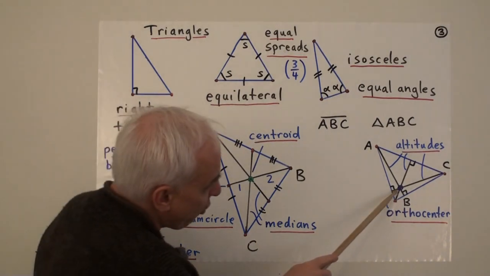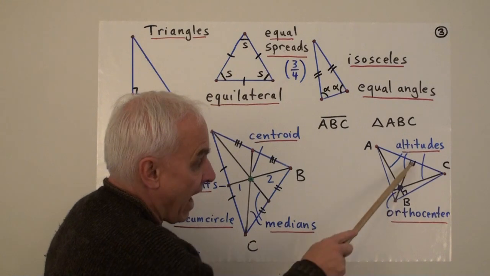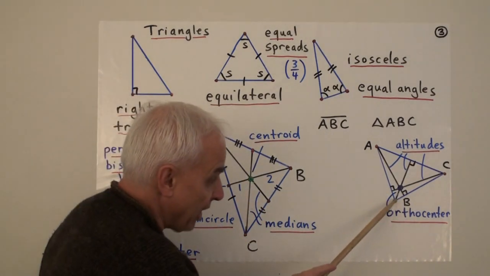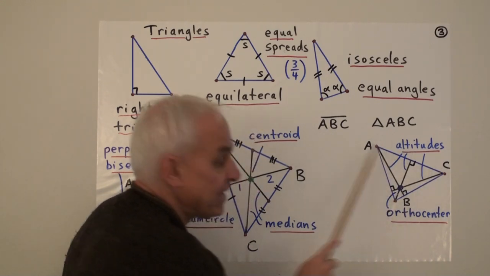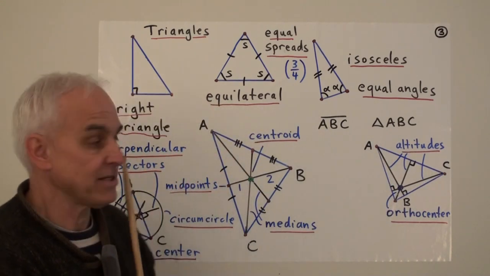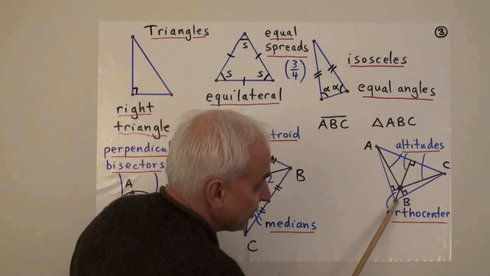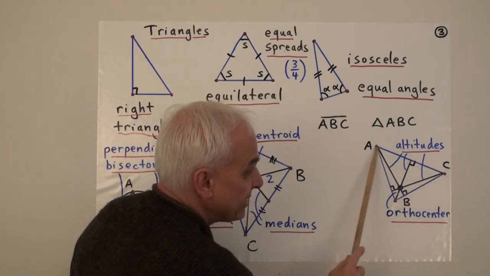Another important point is the orthocenter, which is the place where the 3 altitudes of the triangle meet. An altitude is a line from a vertex which is perpendicular to the opposite side. So this line right here is the altitude from the point B to the side AC.